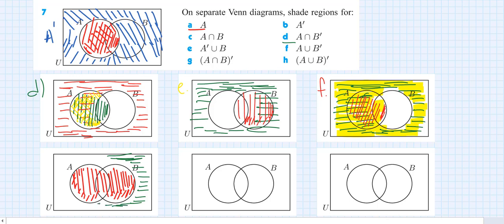So the green area is the complement of A union B. The red color area is A union B. So to see it more precisely, let's clean the red color. So the shaded area of the complement of A union B will be like this in the green color.